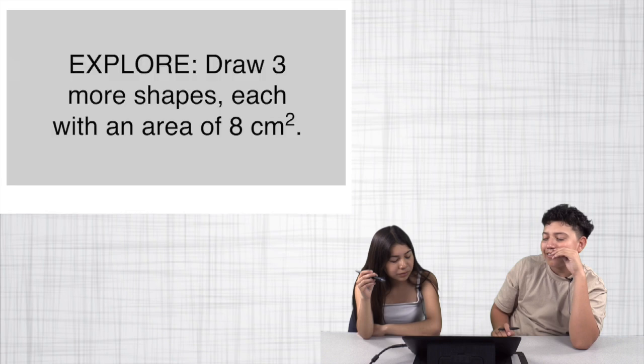Next, Emily and Mauricio will draw 3 more shapes that each have an area of 8 centimeters squared. Pause the video and try the problem on your own. Then, resume the video to compare your work with Emily and Mauricio.